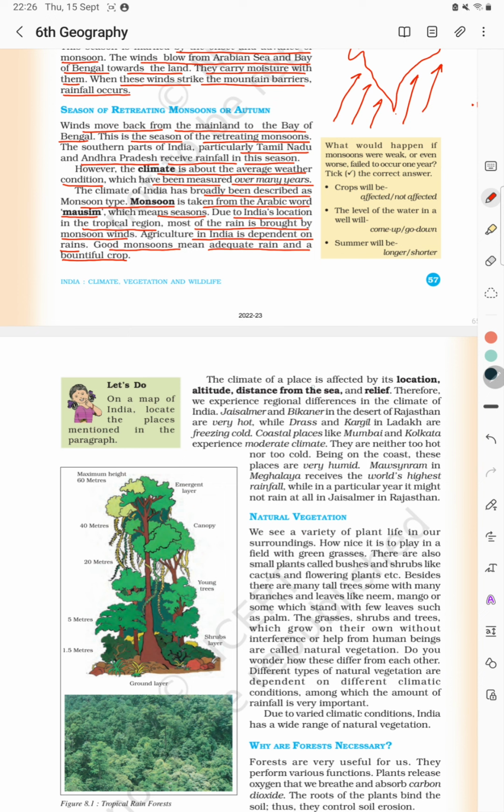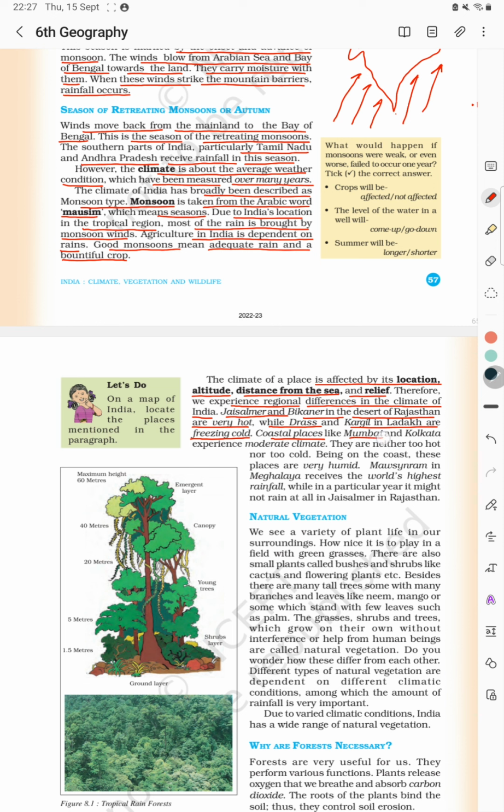The climate of a place is affected by its location, altitude, distance from the sea, and relief. Therefore, we experience regional differences in the climate of India. Jaisalmer and Bikaner in the desert of Rajasthan are very hot, while Dras and Kargil in Ladakh are freezing cold.